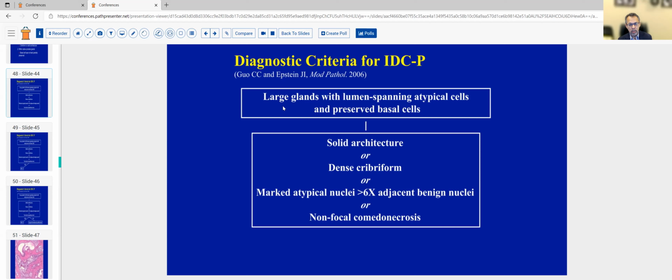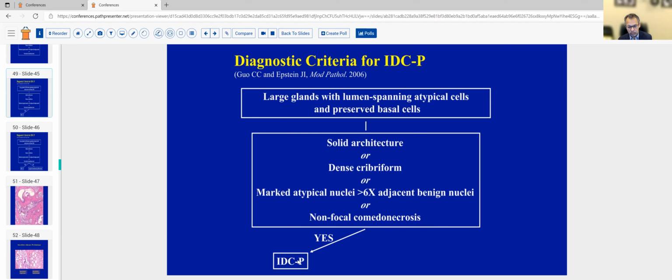They propose intraductal carcinoma as large glands with lumen spanning atypical cells and preserved basal cells that demonstrate either of these four features: either solid architecture, dense cribriform pattern, marked atypical nuclei in which nuclei are 6 times of adjacent benign nuclei, or non-focal comedonecrosis. So if you have any of these four features, you can make a confident diagnosis of intraductal carcinoma.